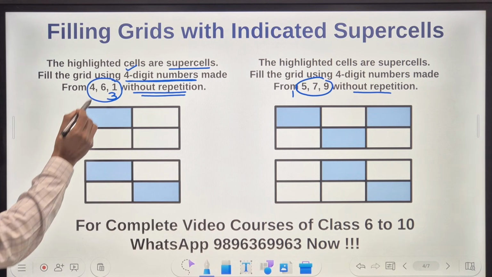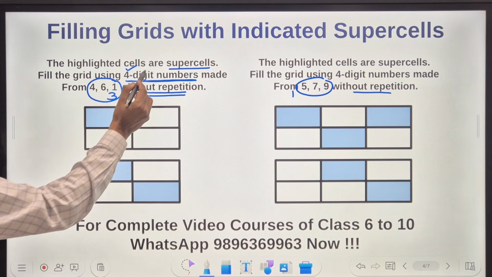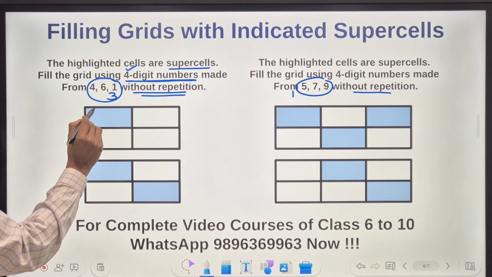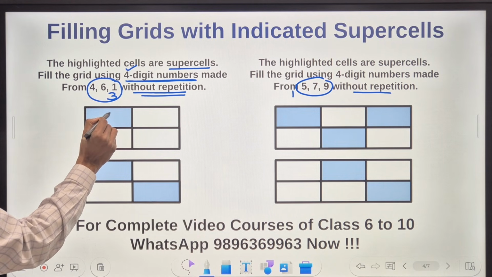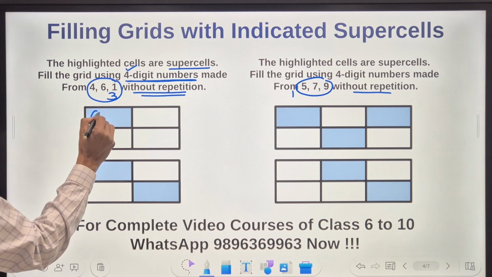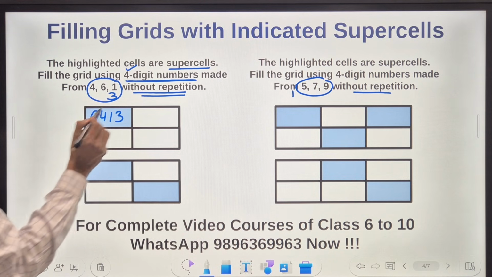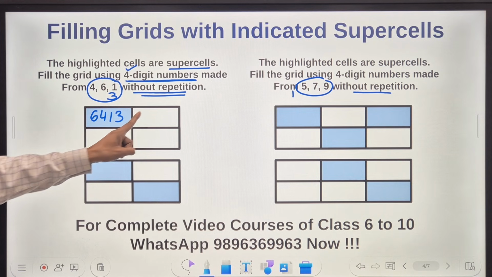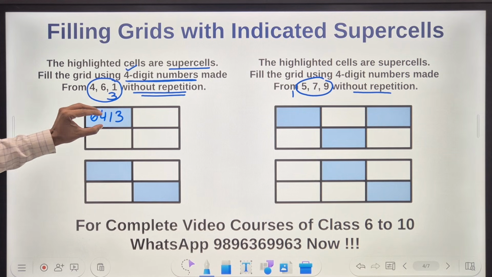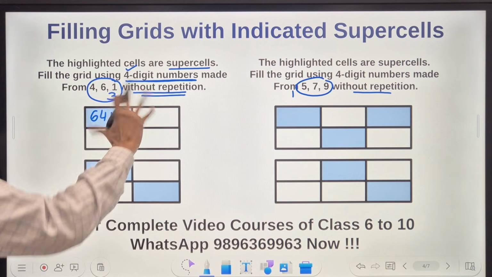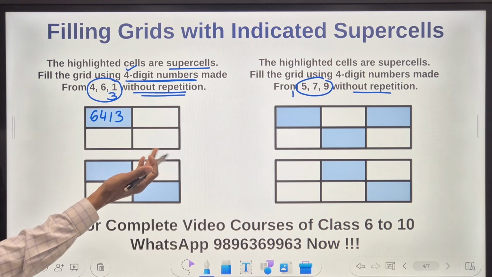Now using 1, 3, 4, 6, we need to make 4-digit numbers such that only this block is a supercell. So I want to make a bigger number here. Let's put 6, 4, 1, 3 here. Now that's a big number, right? Now its two neighbors have to be smaller than 6, 4, 1, 3, and all the digits should be the same but in a different order.